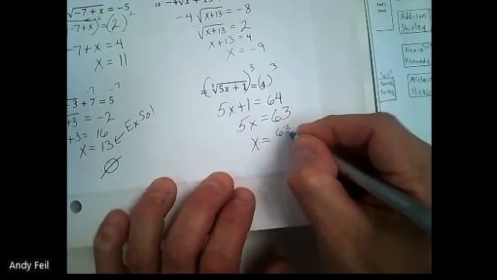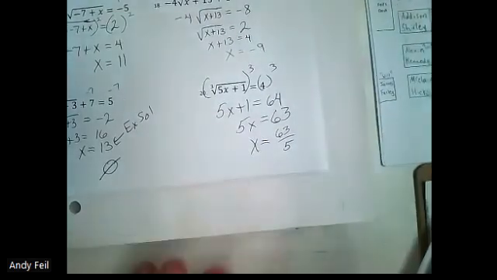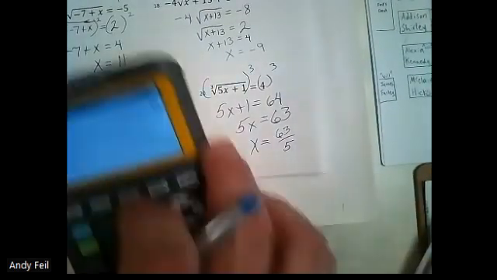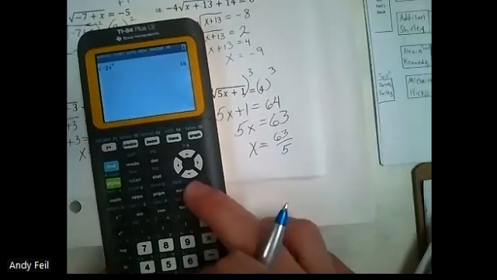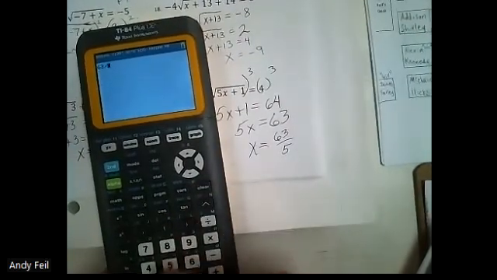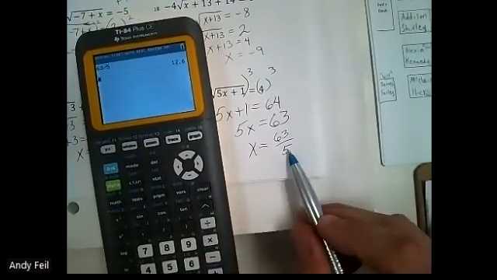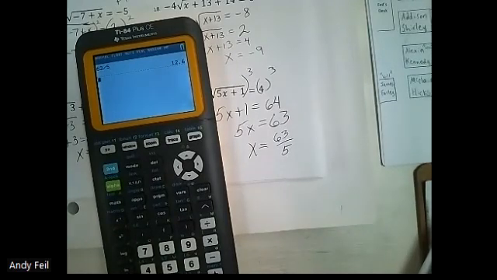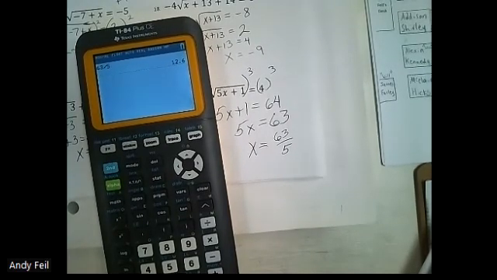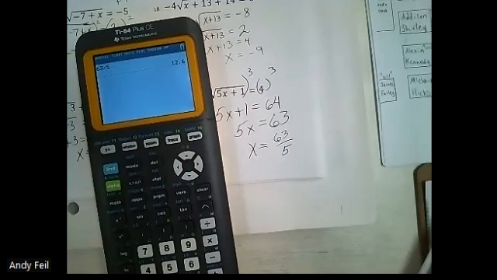By 5. And you're done. I don't think 63 over 5 simplifies. You could check. Is it 12.6? If you want to write it as a fraction or as a decimal, that's totally okay. Either way would be totally cool on the test.